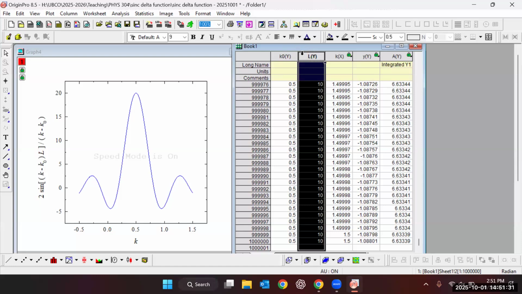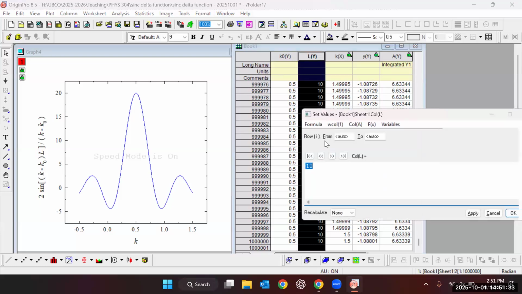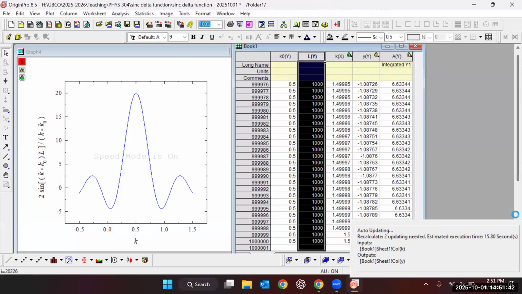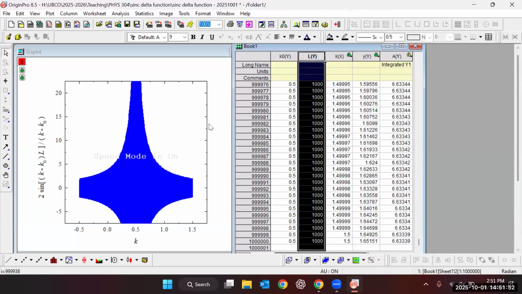Okay, so what I'm going to do is I'm going to make a bigger change. So I'm going to go to 1,000 for the size of our well. Right, so I made the width of our well 1,000 times bigger than it originally was. And so we'll wait for these updates to happen.